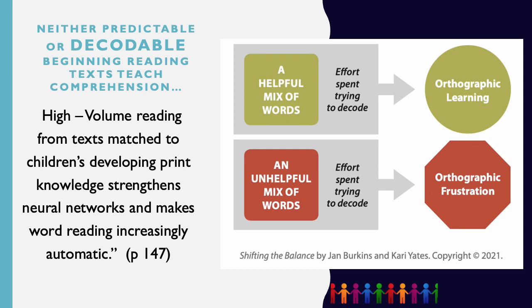And so that once those words are orthographically mapped, then they can read authentic text and they can work on comprehension skills. So orthographic learning is a helpful mix of words aligned to phonics, and the effort is spent trying to decode. An unhelpful mix of words means the students spend effort trying to decode, but they're orthographically frustrated. So we want to provide decodable texts for students, knowing this isn't the richest book for teaching comprehension.